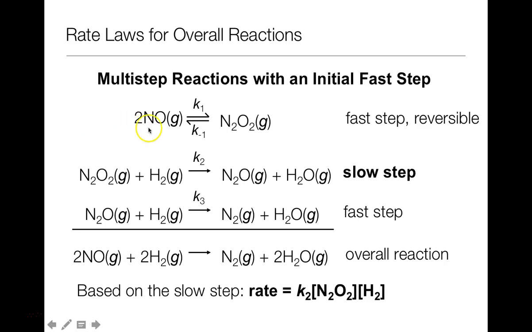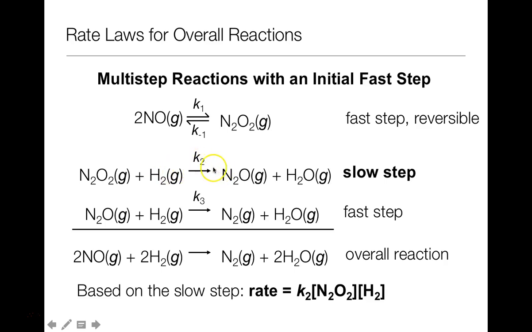So once that N2O2 is formed, it's going to react with this molecular hydrogen. And this is the slow step. This is our rate determining step. So this happened really quick, hit equilibrium really quick, so it's almost a constant population of N2O2 based on NO. That constant population is now reacting with the molecular hydrogen, and this is our bottleneck.